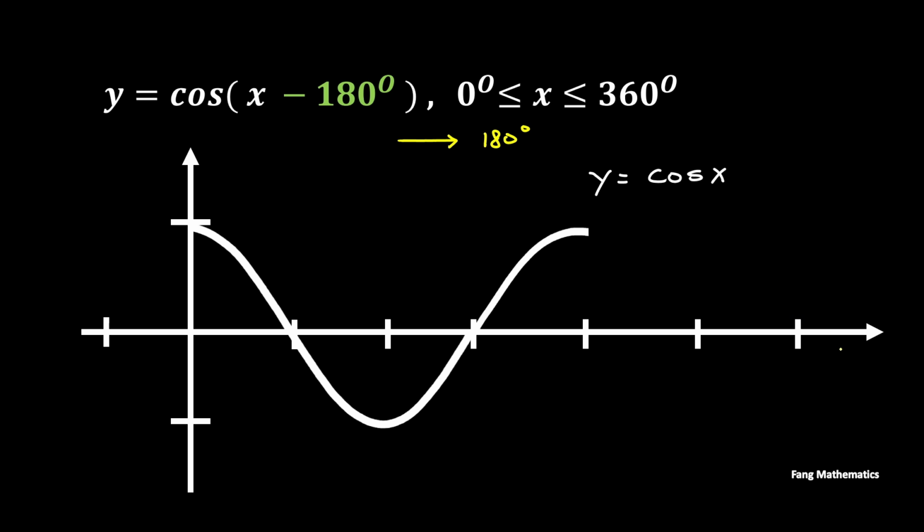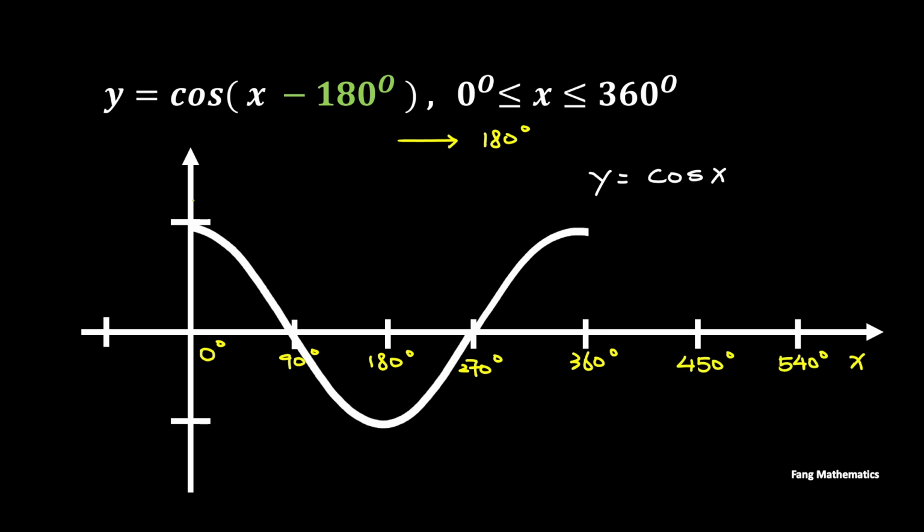Let's mark the x-axis first. From the point of intersection, that's your 0 degrees. Then with a 90 degrees interval, you should get all the critical angles. And we shift all the critical points 180 degrees towards the right.